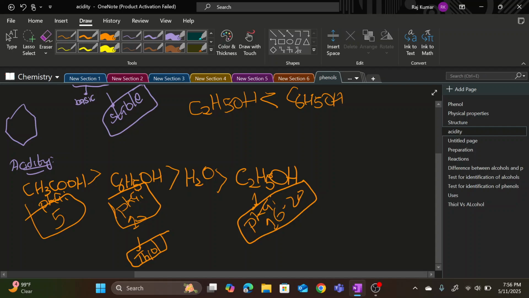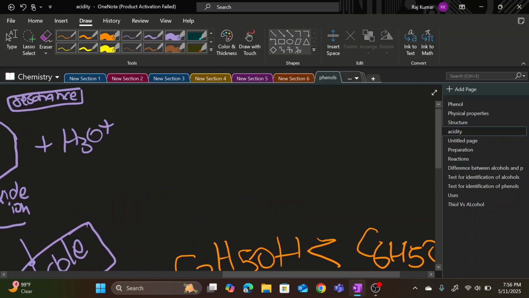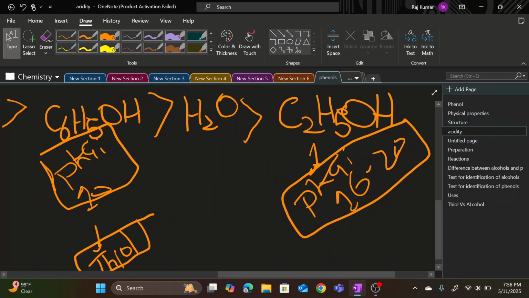And why does that bond become weaker? The reason behind it is delocalization. What actually happens is that phenol, when it is dissolved in water or any acid, forms phenoxide ions, and those phenoxide ions basically perform delocalization, due to which they form resonance structures, due to which their stability is increased.